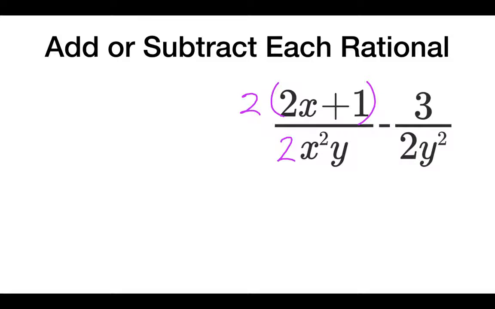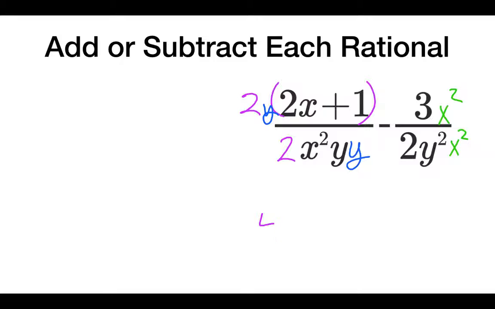Now let's go to our next part. There are no x squareds over here, so that means this is going to become times x squared. And the only other thing that's missing is we have a y on this side, but we have 2 y's over here, so this becomes times y. So now I'm just going to multiply it out. 2y times 2x is 4xy.